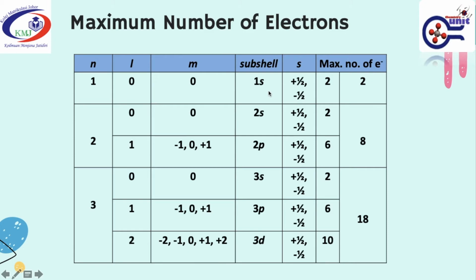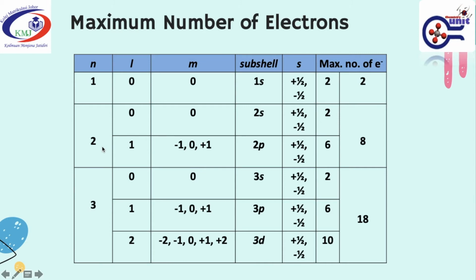The 1s subshell only has one orientation due to one value of m. One orbital can hold a maximum of 2 electrons. Each electron in the same orbital must have opposite spin. Therefore, there are two values of S representing two different spins.